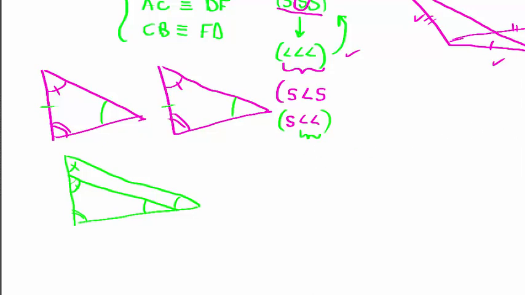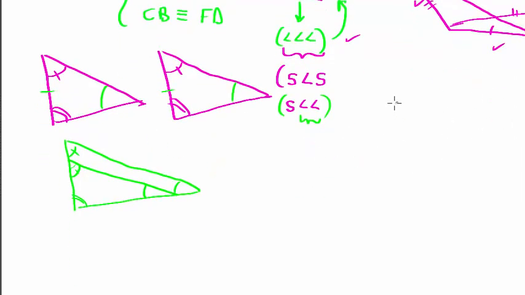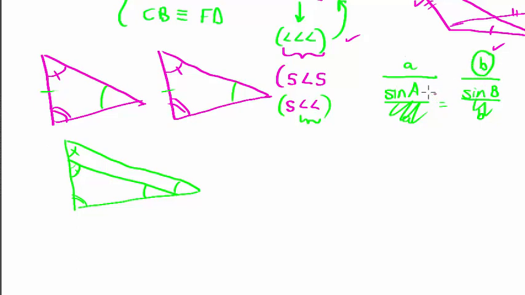Make sense? Good. And it actually follows from the sine rule as well, because sine A over A is equal to sine B over B. I should actually do it this way around. Sorry. When you work with the sides, start with your side on the top. Okay. So let's say I know side B, and I know all the angles.